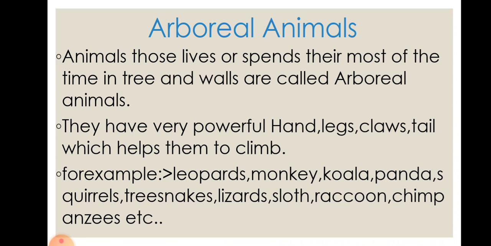Animals that live or spend most of their time in trees and walls are called arboreal animals. They have very powerful and strong hands, legs, claws and tail, which help them to climb and move from one branch to another.